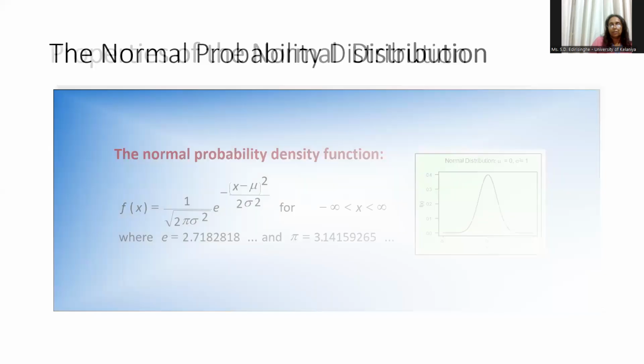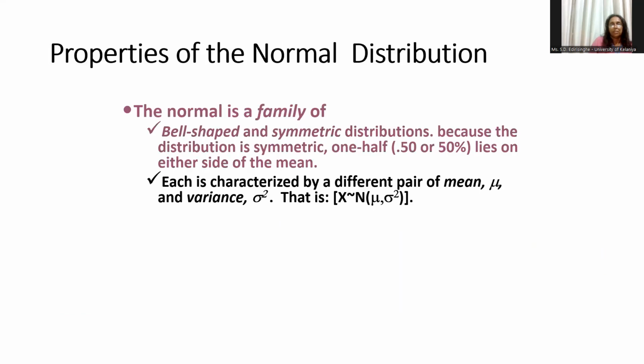Right, this is the one. So what are the properties of the normal distribution? It is a bell shape and symmetric distribution. Because the distribution is symmetric, one half is 50% and the other half 50%. That means 0.5 each.